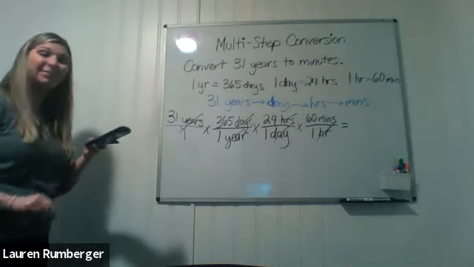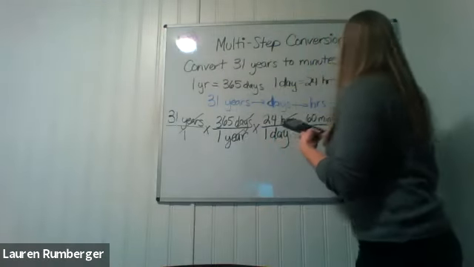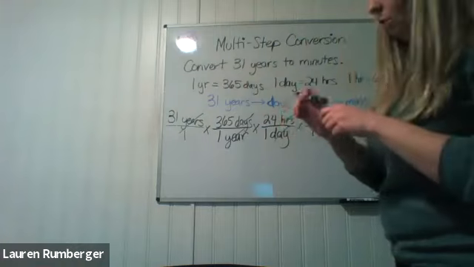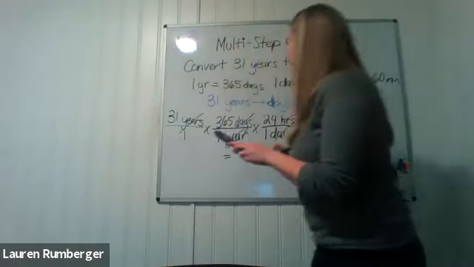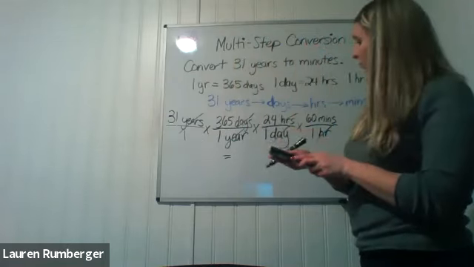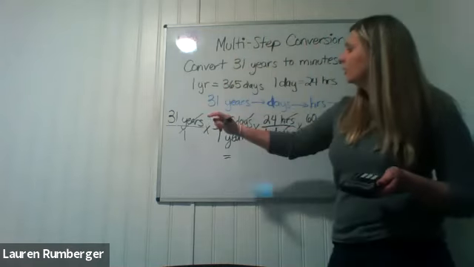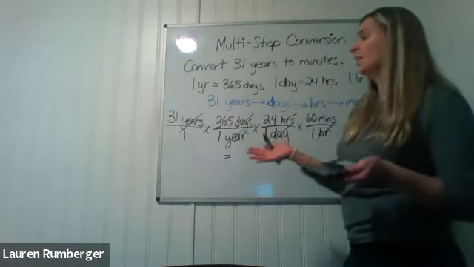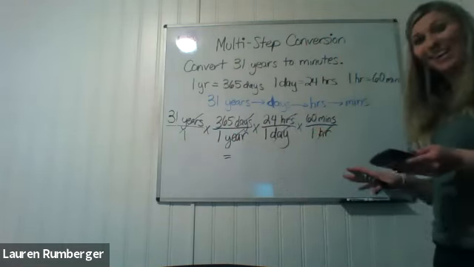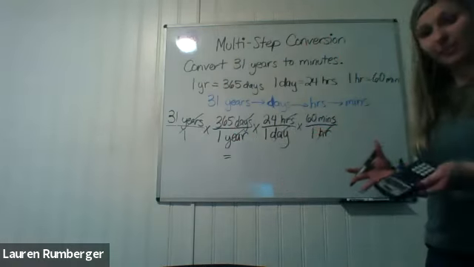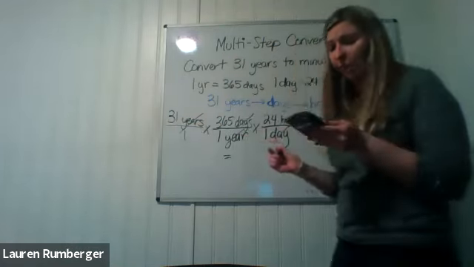Our calculator gives us a lot of digits. Well, actually, the more I think about it, 31 years can kind of be counted. Anyways, so just for the purposes of practicing with our significant figures, let's focus on the 2 significant figures here.